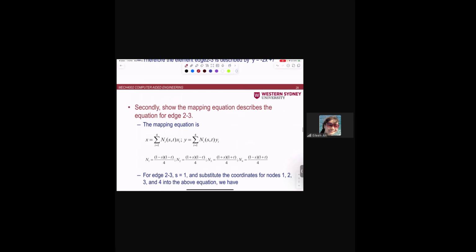And then we know P is located a quarter distance from a corner point. So we can do the calculation. But actually, we do have another, easier way to do the calculation. We can use shape functions.